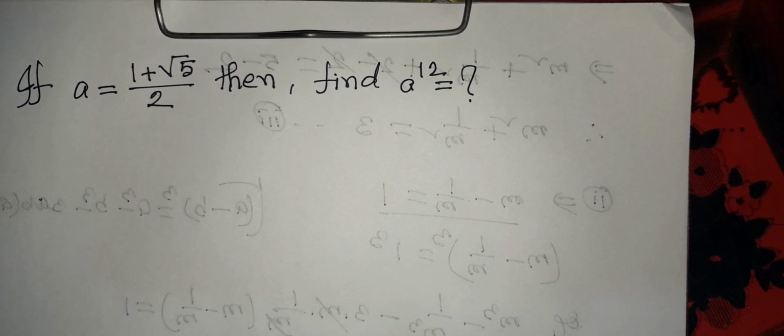Here is a problem: if a is equal to (1 plus root 5) by 2, then find a to the power 12. Let's start.